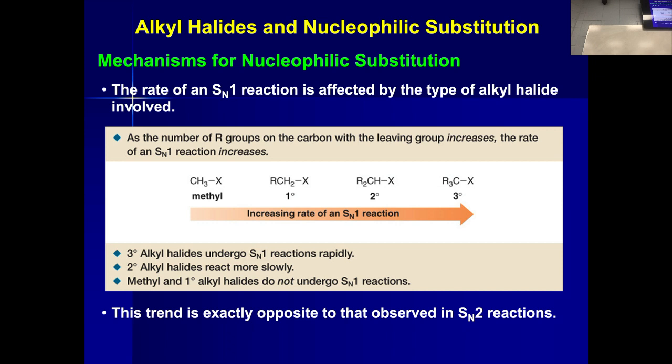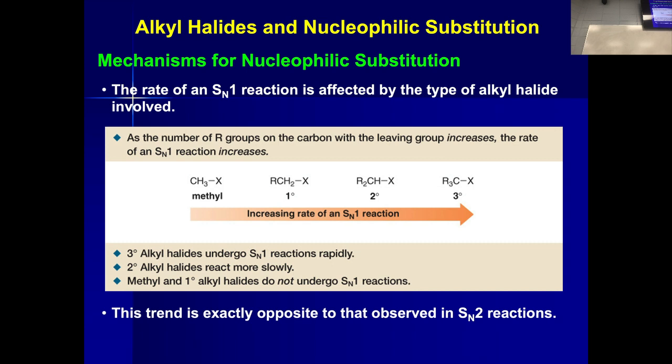So if I have a primary alkyl halide, or a methyl, a primary, a secondary, and a tertiary, I notice that as I do SN1 chemistry on them, the tertiary alkyl halides and the secondary alkyl halides will react. Tertiary very, very quickly. Secondary a little slower. Primary, they don't do SN1 chemistry.